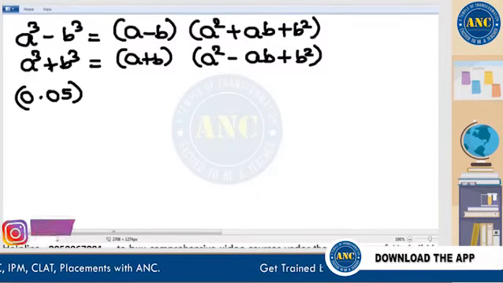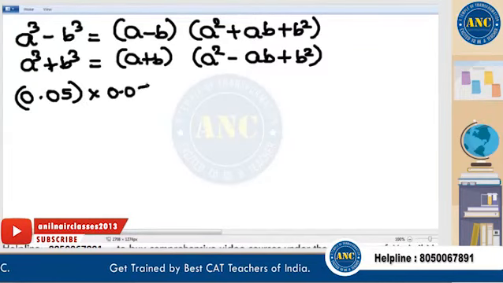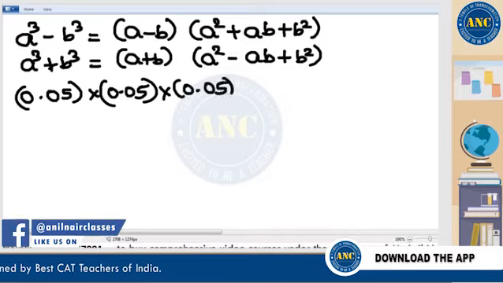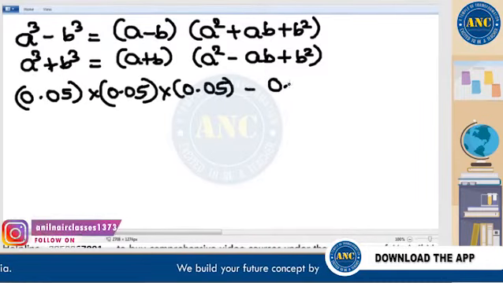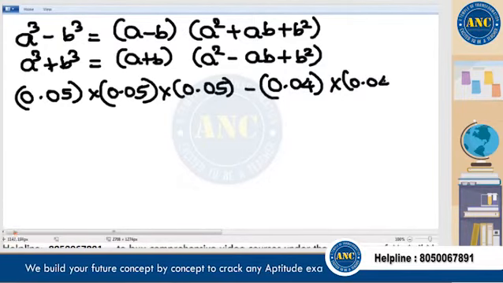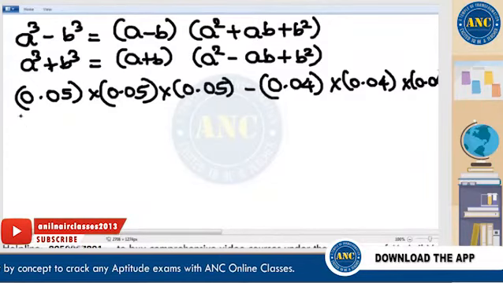0.05 into 0.05 into 0.05, so 0.05 is multiplied 3 times, minus 0.04 into 0.04 into 0.04, which also is multiplied 3 times.